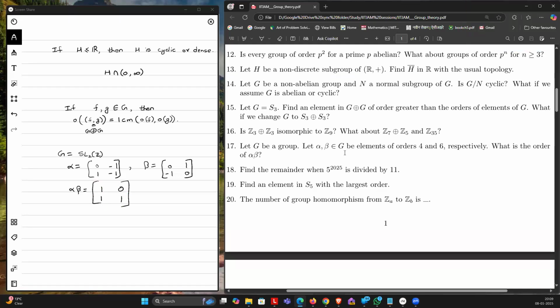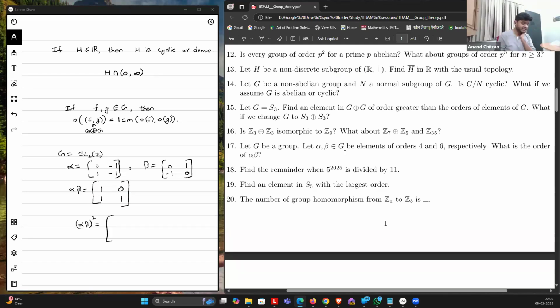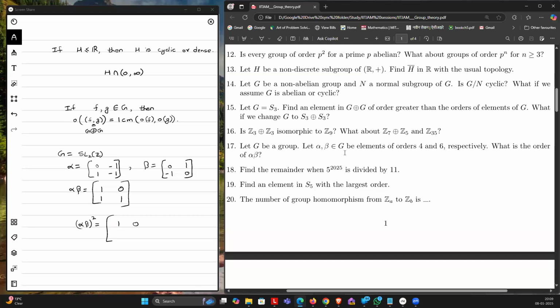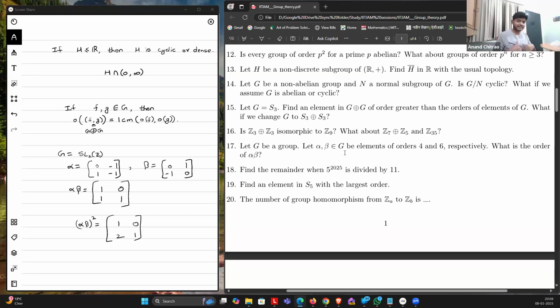What is alpha beta square? If you multiply this matrix with itself, what do you get? (1, 0; 2, 1). If you multiply it thrice, you get (1, 0; 3, 1), four times (1, 0; 4, 1), dot dot dot. So this matrix has infinite order, but yet its constituents have a finite order. Order of alpha is 6, order of beta is 4.